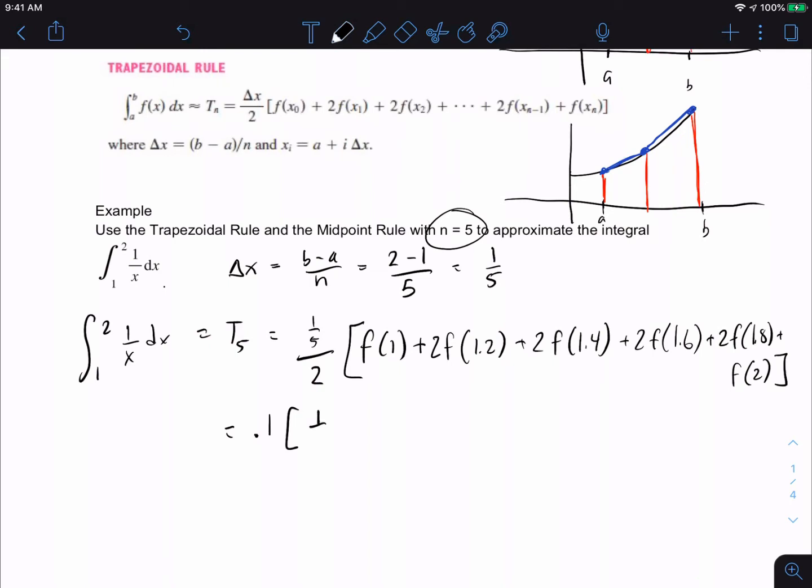So that's going to be 1 over 1 plus 1 over 1.2, let's not forget times 2, plus 2 times 1 over 1.4 plus 2 times 1 over 1.6 plus 2 times 1 over 1.8 plus 2 times 1 over 2. Are you guys recalling this kind of stuff? Yeah.